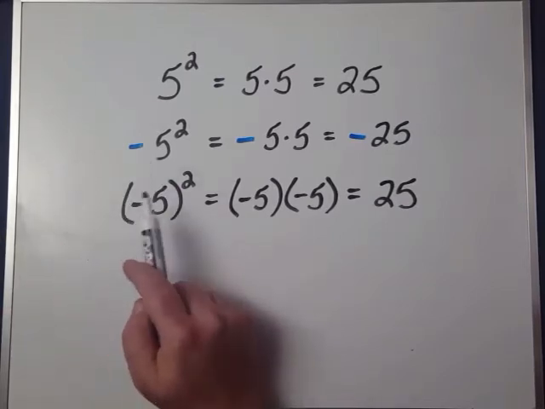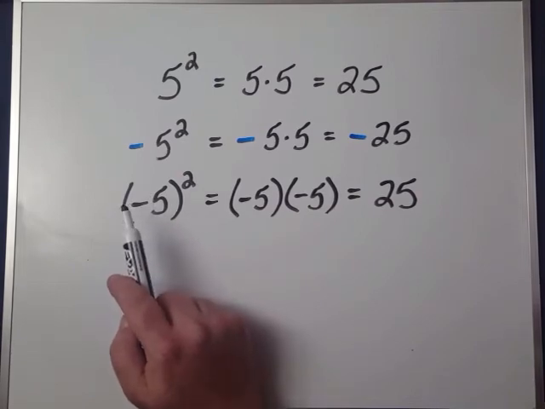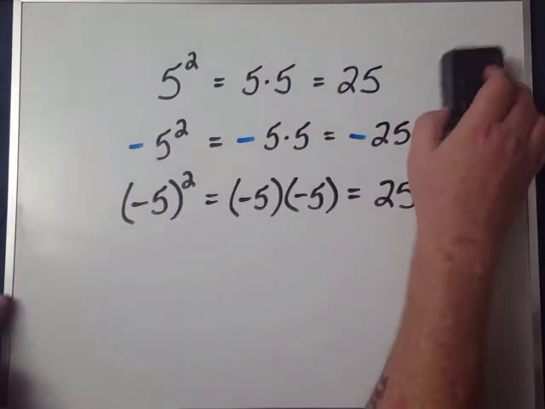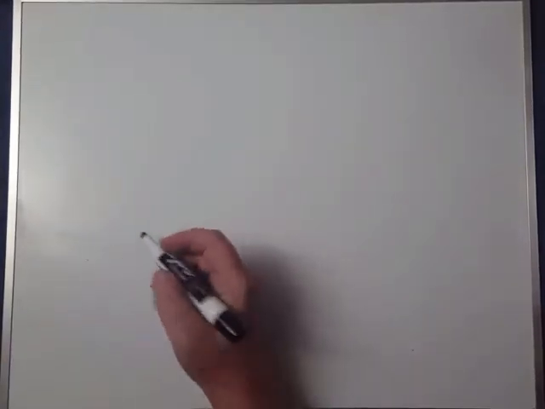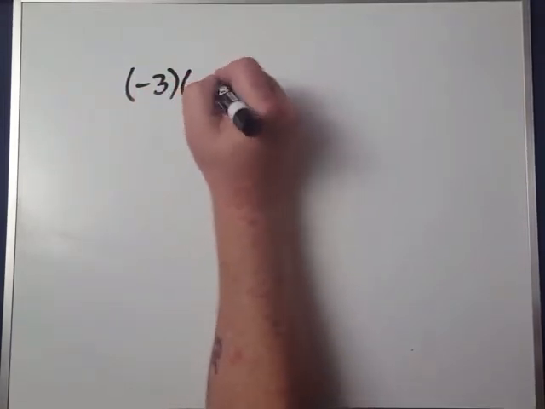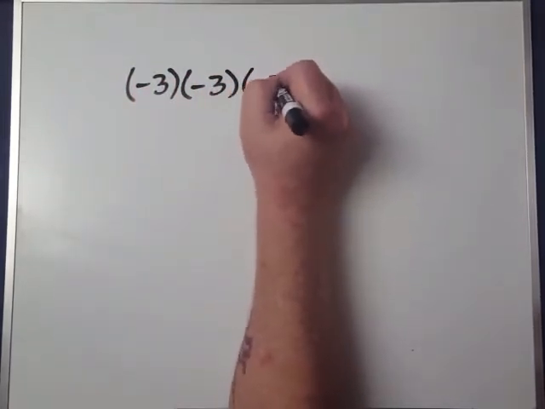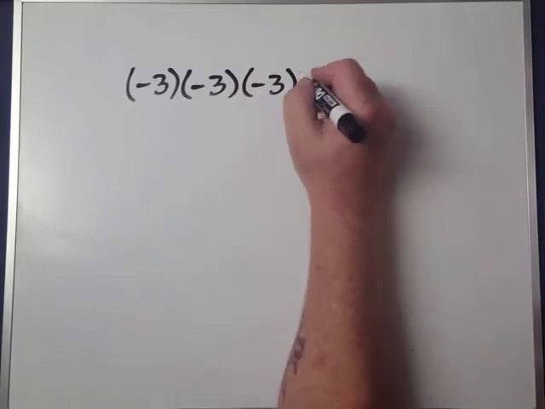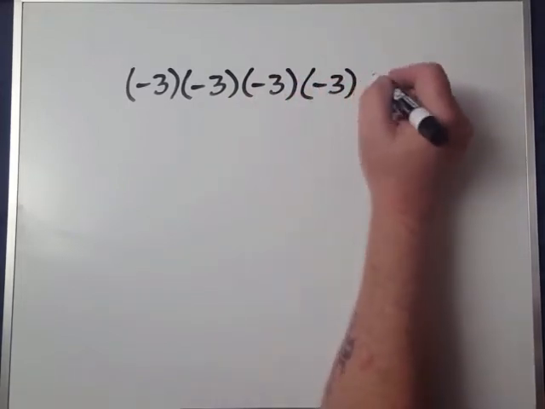Let's go ahead and look at a couple of homework problems. Number 10. Number 10 says to write each expression in exponential form. We have a negative 3 being multiplied times itself 6 times.